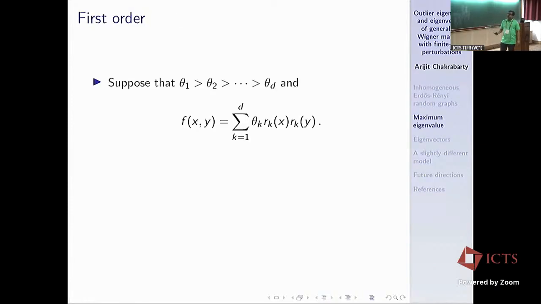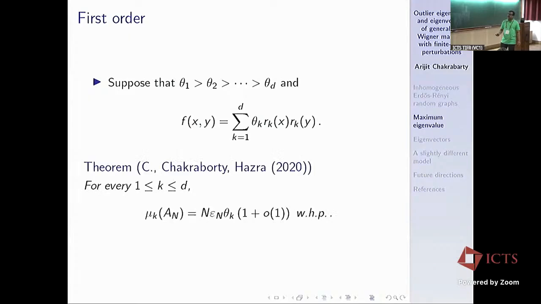So let's first talk about the first order behavior of the eigenvalues. Just for the simplicity of this statement, we assume that theta 1 to theta d are strictly ordered, and f has this form.